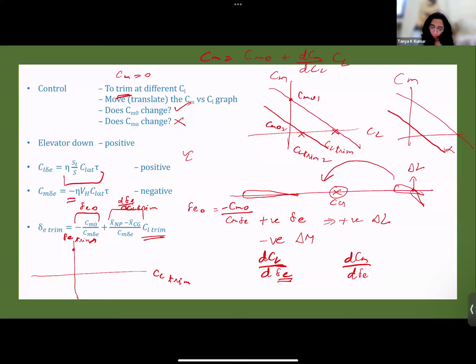Now the slope. Slope is d delta E trim by dCL trim. So it is x bar NP minus x bar CG by CM delta E. Is this positive or negative? The slope.